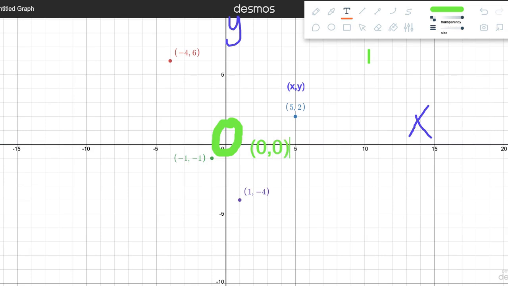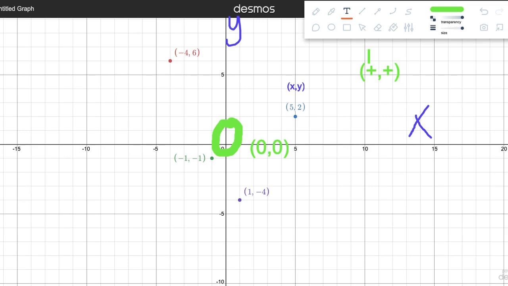Anything that goes to the right, x, and y goes up is positive, because positive to the right, positive up. So anything in quadrant one we know is going to be positive, comma, positive.